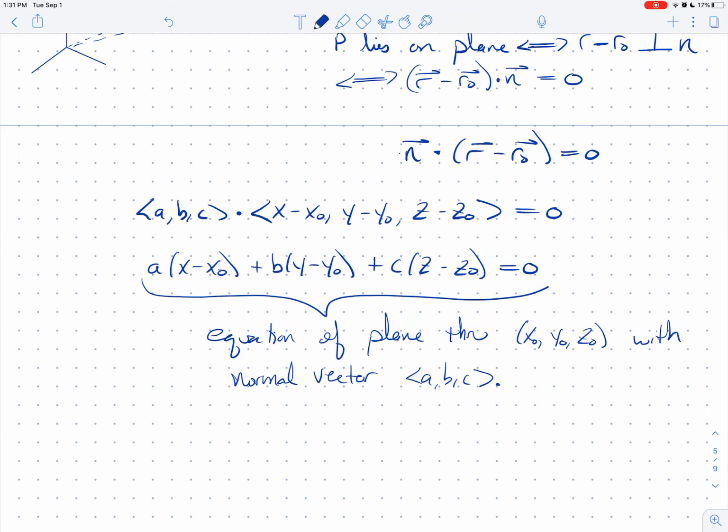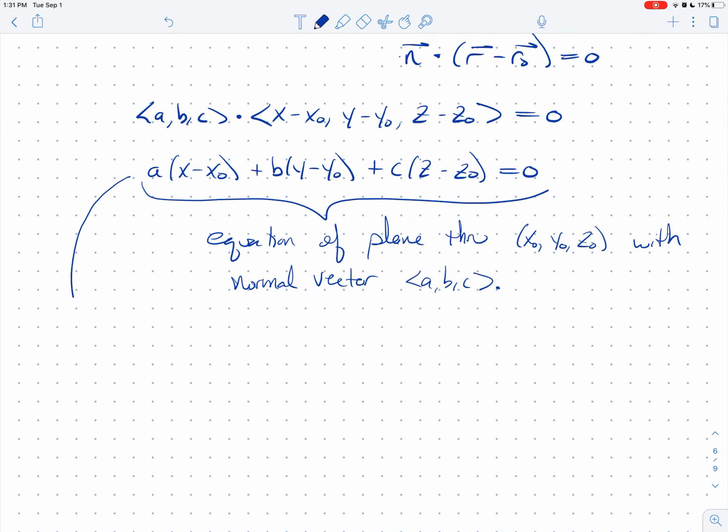So one more thing, sometimes it's convenient to go ahead and multiply through, and so you'll get A times x minus x naught, B times y minus y naught, C times z minus z naught.